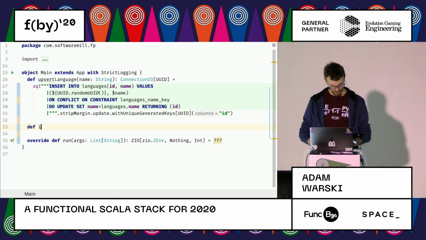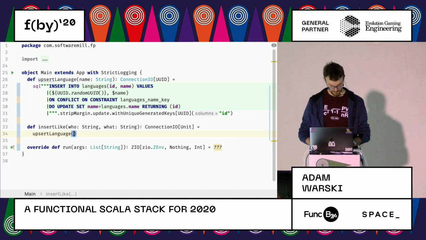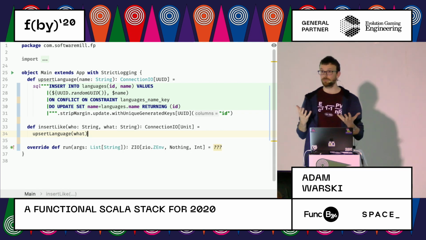Okay, and the second query that we need to write is inserting a like, and who likes what. So we will want to insert that a given person likes a given language. It's also a description of side effects on a database, so it returns a connection IO of unit. So what we are doing here is we are first upserting the language that we are liking, and now we need to sequence two operations on the database.